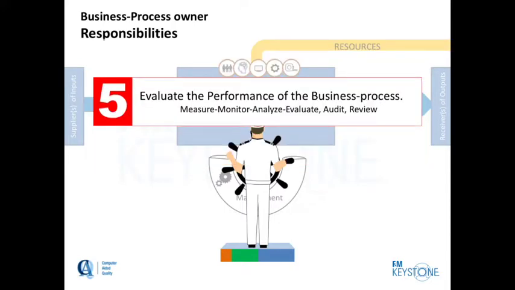Number 5, evaluate the performance of the business process. You have to measure, monitor, analyze and evaluate how these activities are happening to make sure everything is running smoothly. A second thing to do is to secure that audits are happening.